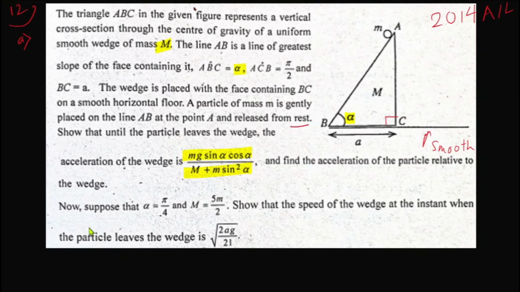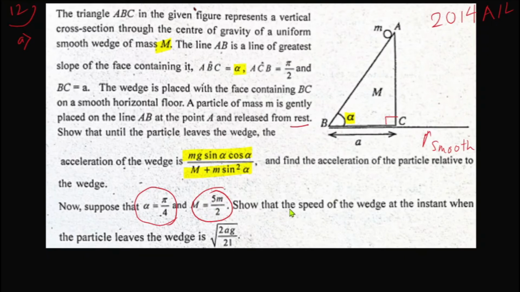So what do they ask next? Now suppose alpha is pi over 4, capital M is m over 2. Show that the speed of the wedge at the instance when the particle leaves the wedge is this much. So they have given a value, guys, right? They have given a value to the alpha and another value for the capital M in terms of simple m, right?